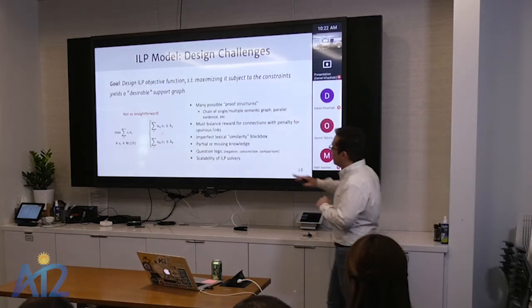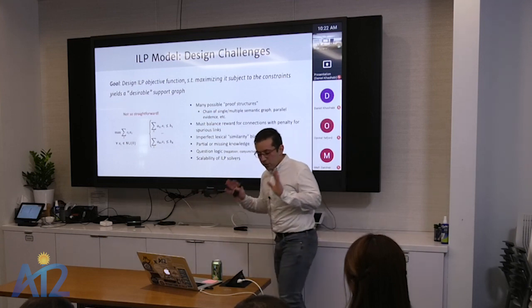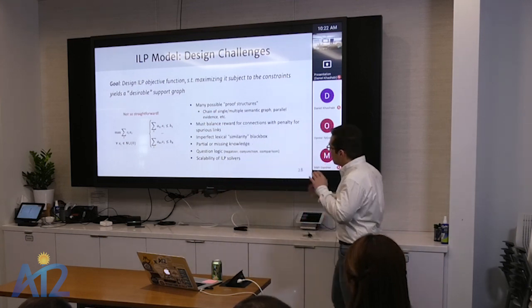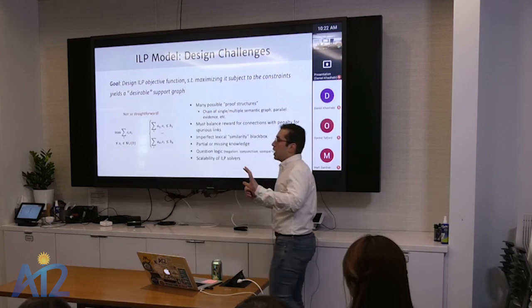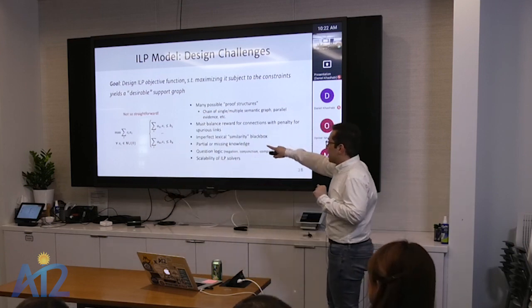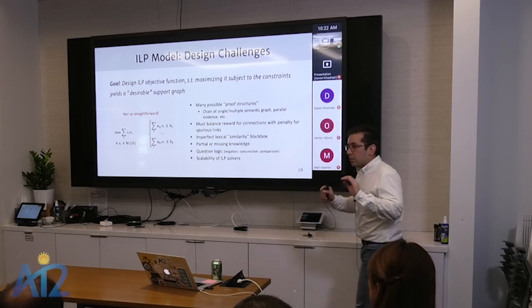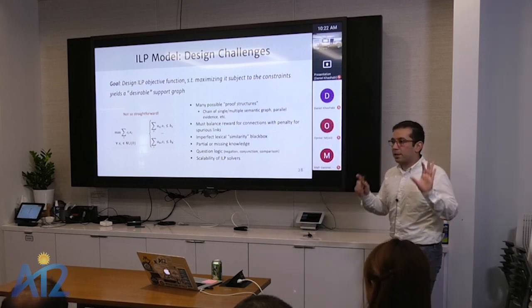Before I tell you how we do this, let's first talk about the challenges. We want to formalize this extraction of a support graph in terms of that optimization problem, and we have to be careful about many moving pieces.